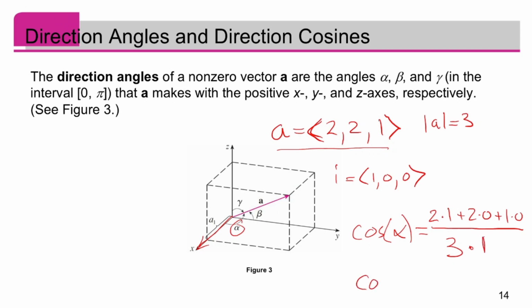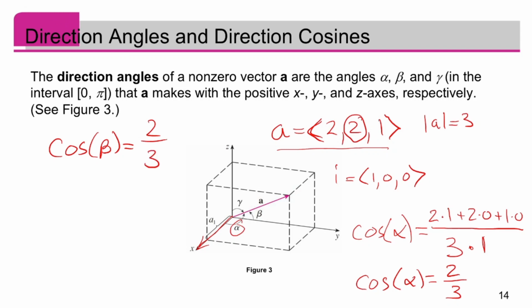So notice that this cosine is just 2 over 3. In general, the cosine of these angles, the cosine of beta, is also simple. It's just going to be this number over the magnitude of that vector. And then the cosine of gamma is this number over the magnitude.